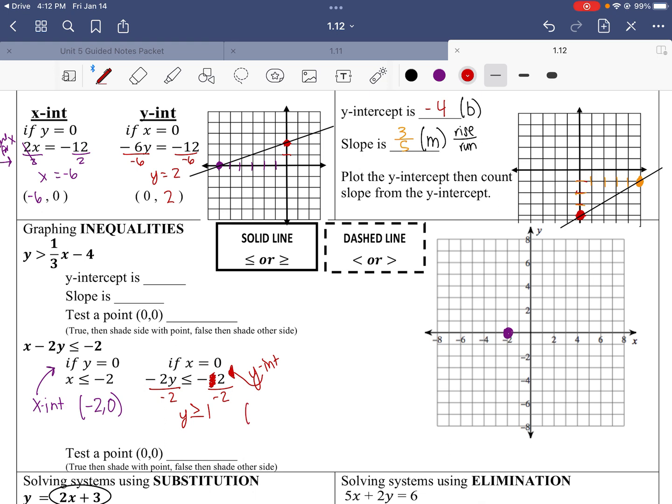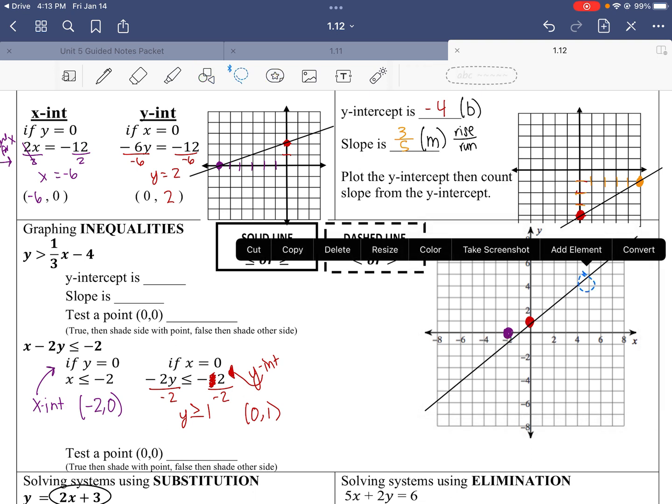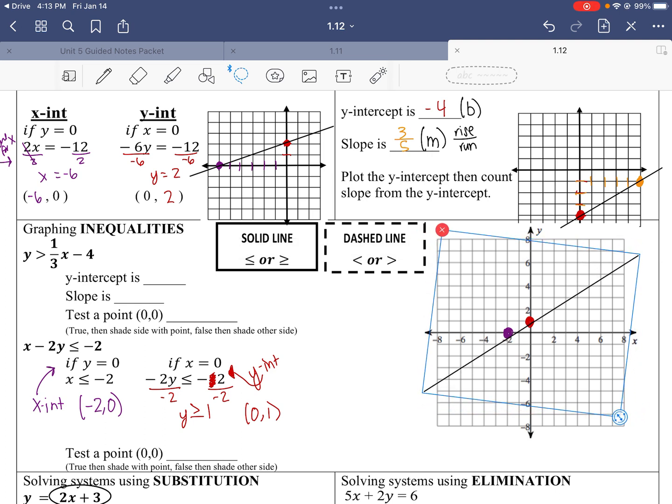And then that gives us the point 0, 1. So that would be right here. And of course, we just have to connect our dots here. Not too bad so far.